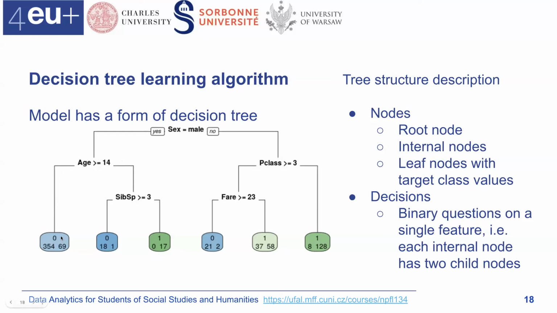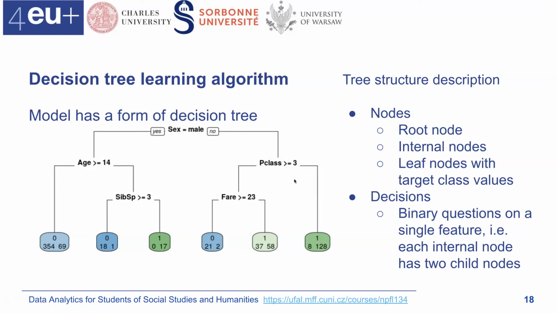And if yes, then the prediction is that such a passenger will not survive. And here, going back to the root node, if the sex feature value is female, it means that it's not male.